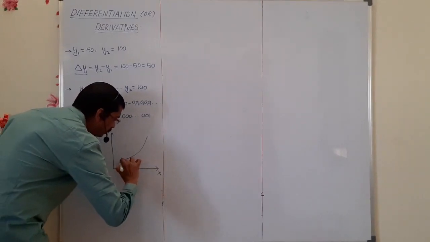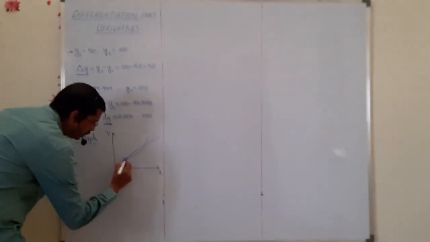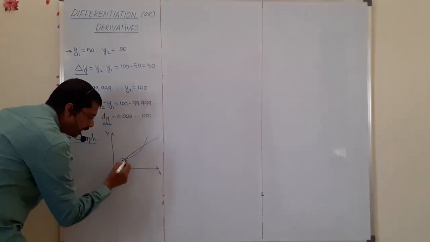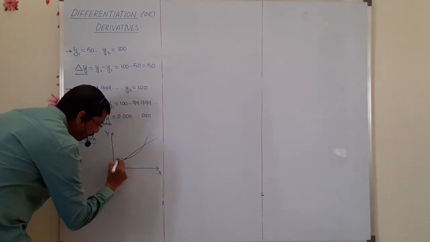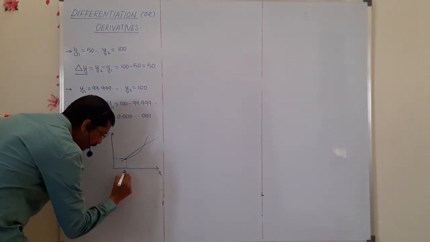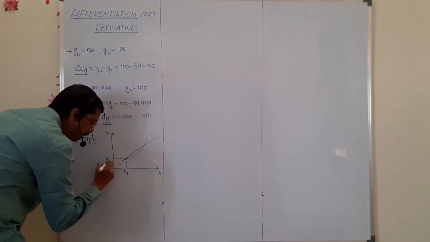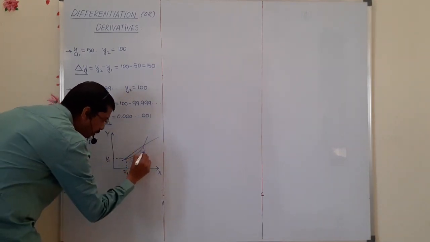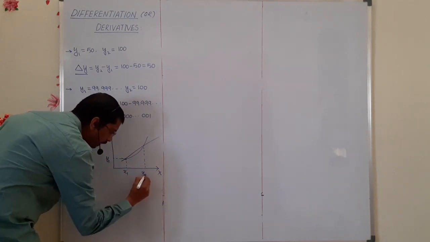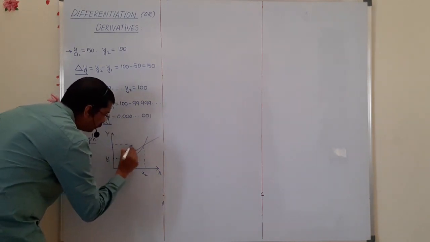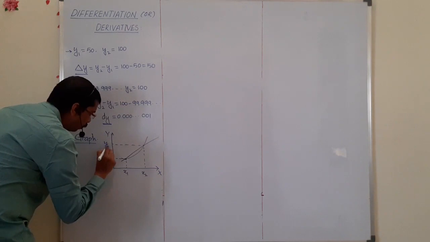If you want to find the slope, for example, take the tangent at a point. On the x axis we have the components x1 and x2, and on the y axis the components y1 and y2.